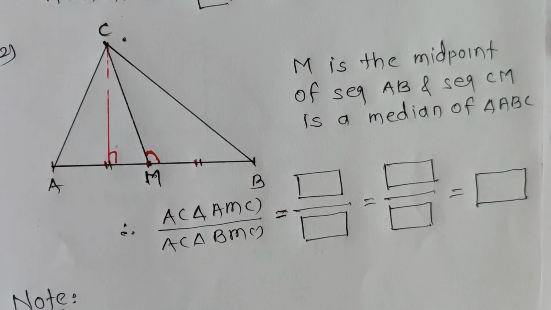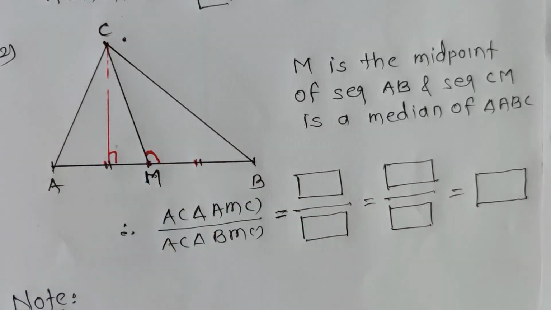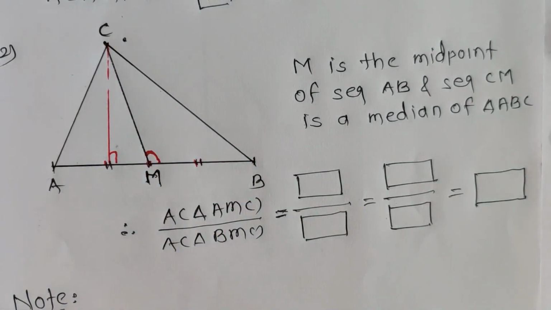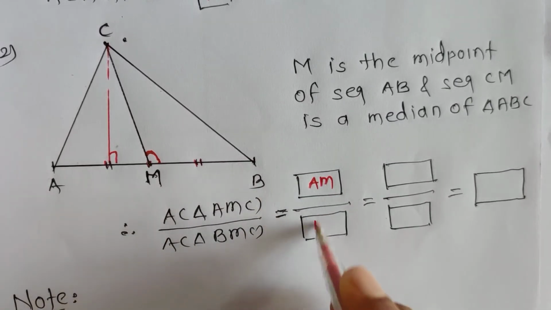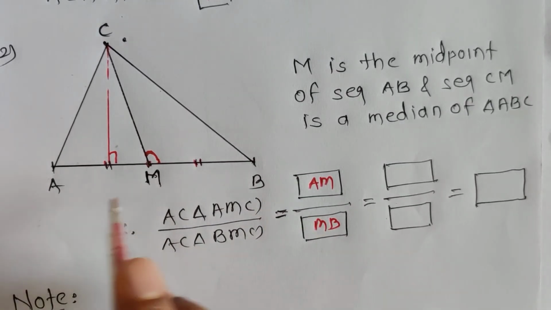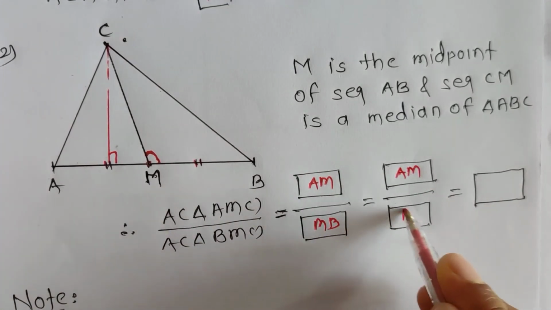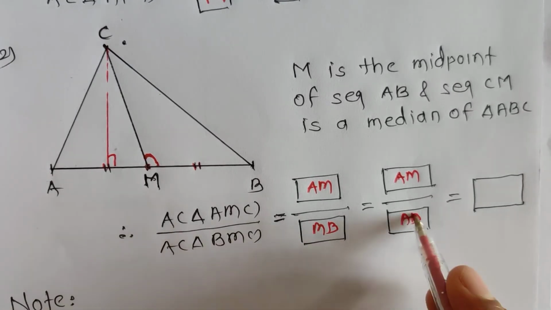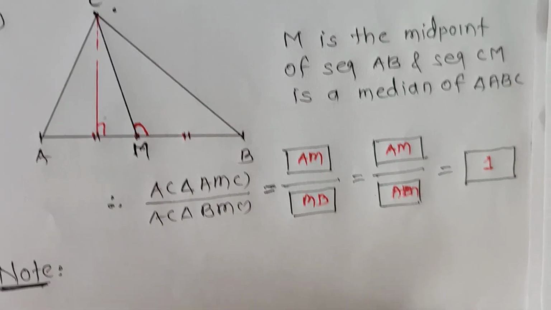So the height is common for both, and that's why AMC and BMC are triangles of equal height, and therefore the ratio of their areas is equal to the ratio of their corresponding bases, AM upon MB. But AM is equal to MB, therefore AM upon MB is equal to 1 because their bases are also equal. So in this way these are the two activities before practice set 1.